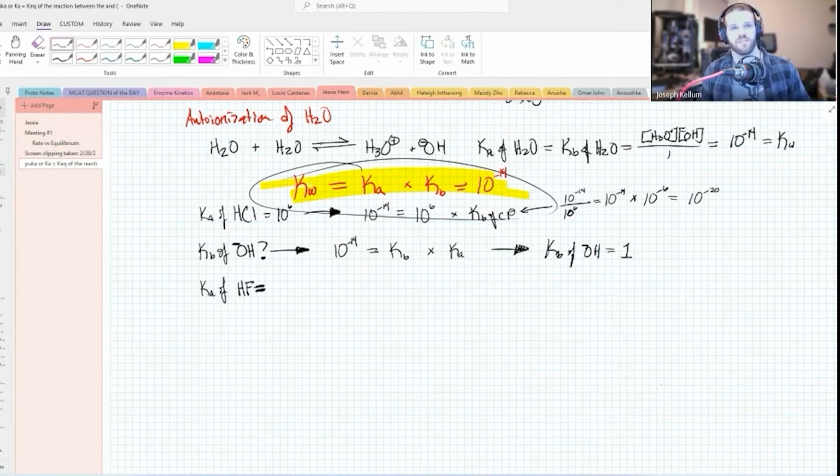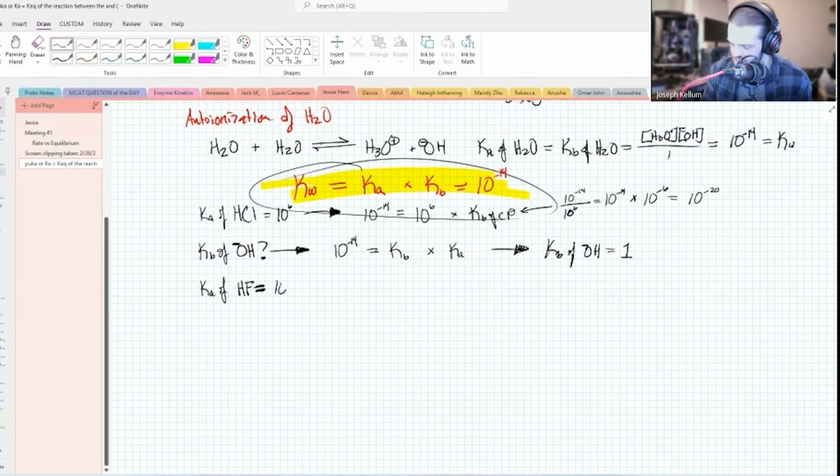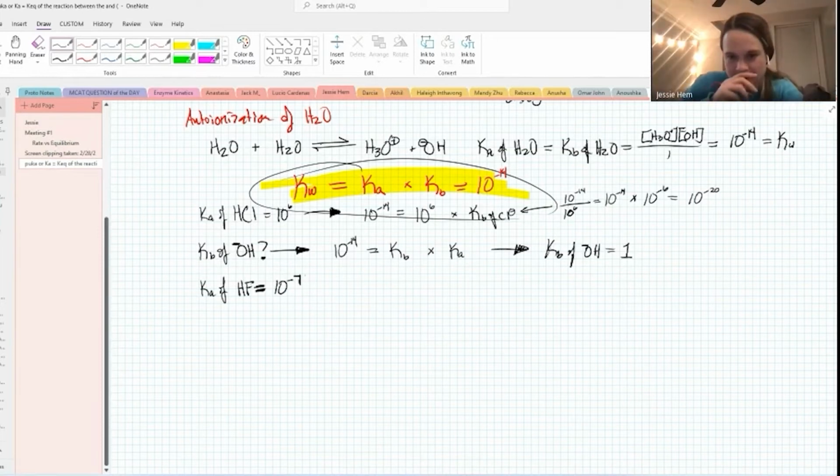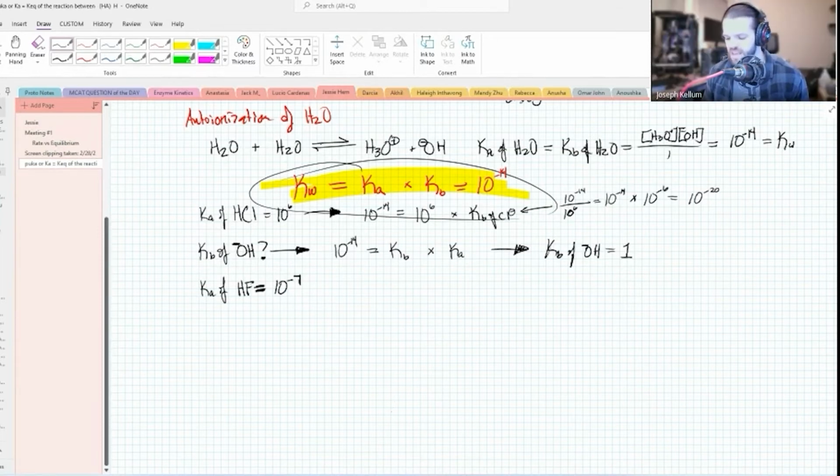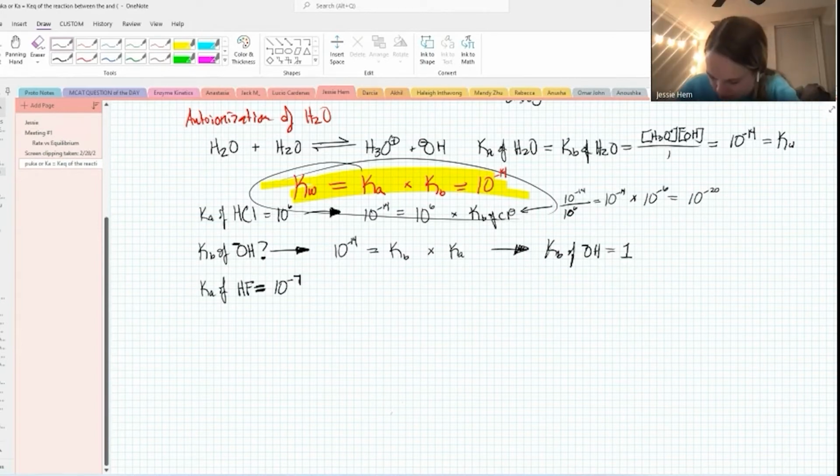Okay, cool. So the Ka of HF is like 10 to the -7, I think. Cool. All right, so what is the Kb of F minus? So again, 10 to the -14 equals... 10 to the -10.